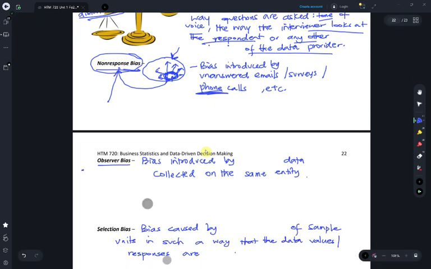Next in line would be observer bias, and that is bias introduced by different data values that are collected on the same experimental unit or the same entity.